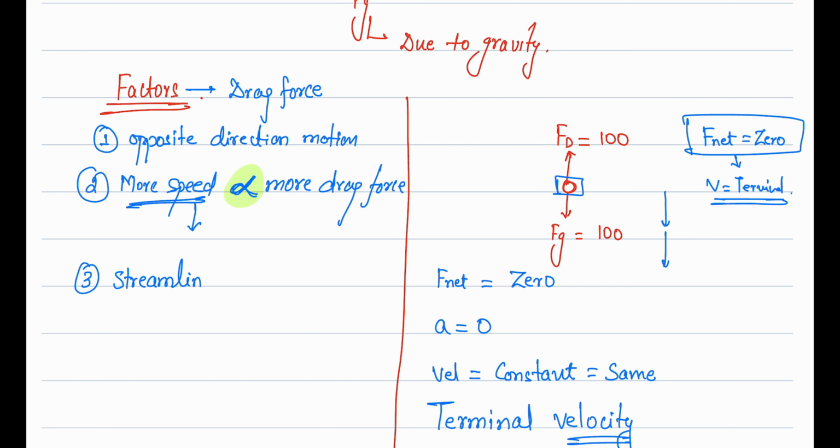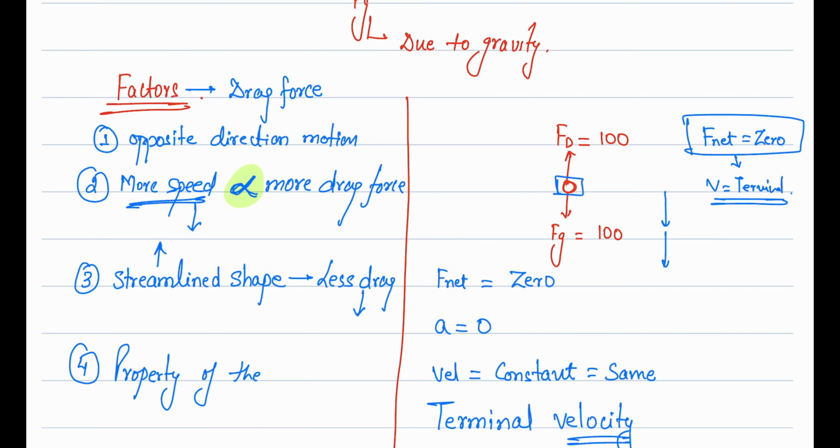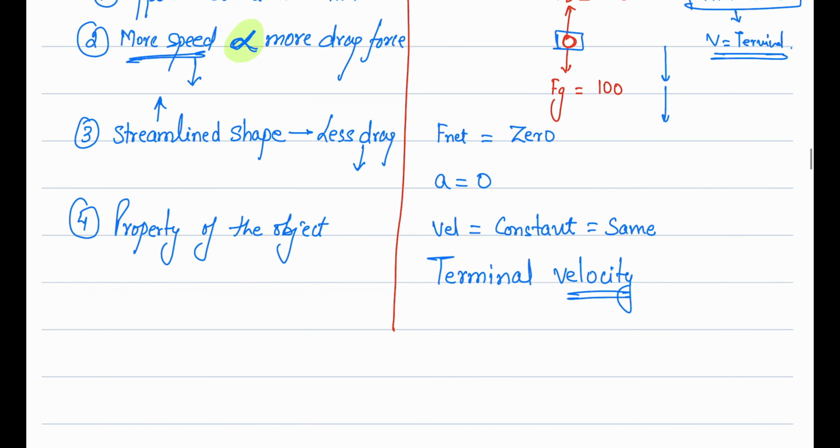If there is a streamline shape, so what will you say? Less drag force. So it is less if you have a very good shape. Okay. Fourth point, properties of the object. Property of the object, like streamline, what is the shape, what is the size, what is the mass, all these things.